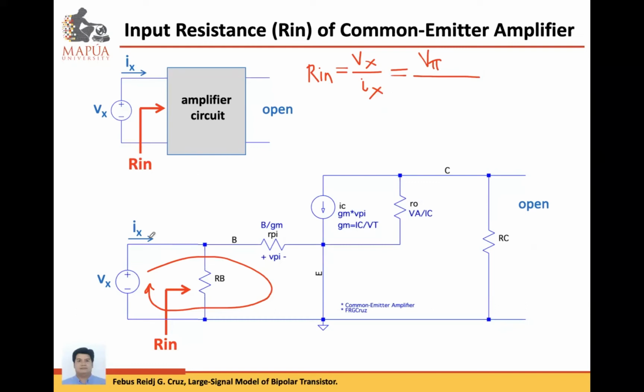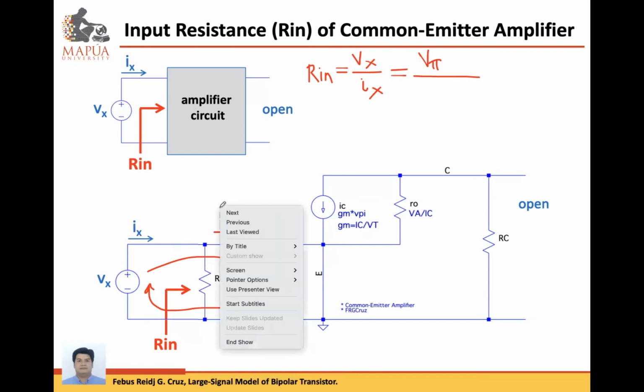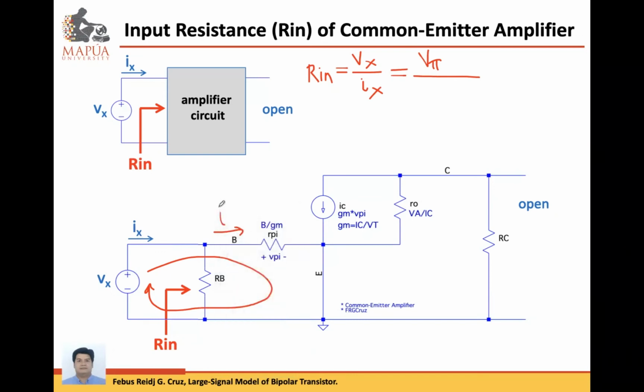From the circuit, what is Ix? Ix is equal to, so we'll have here base current. And we can label the current here, let's say, as I1.